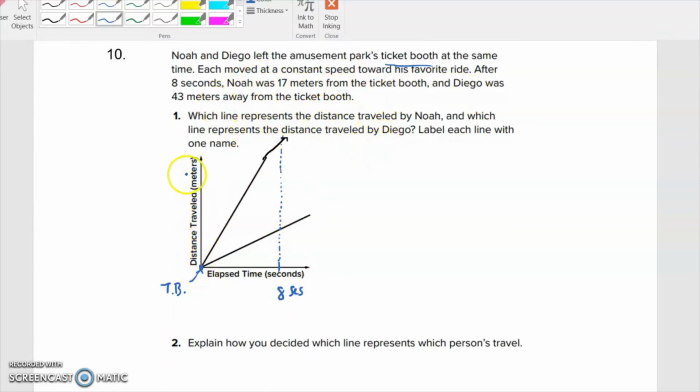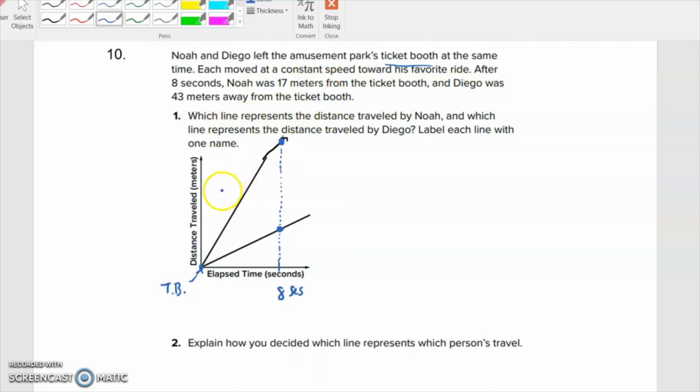So this is the distance traveled. This person right here has a lesser distance traveled than this person right here. This person went a lot further if you look at the y-axis in meters.